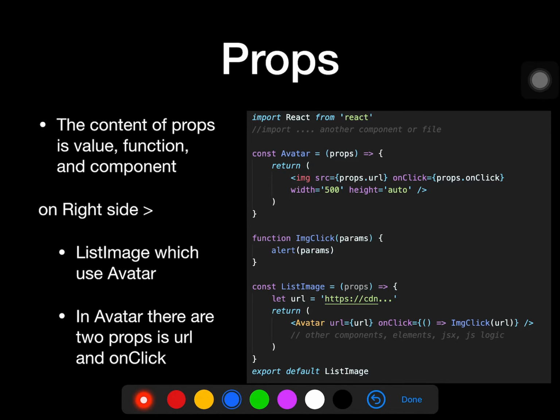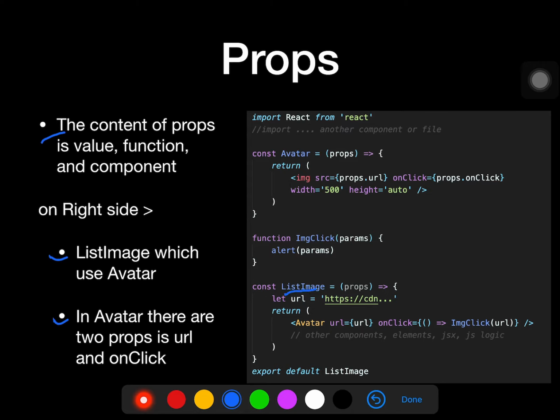Props are properties that we can pass from one component to another component. The content of props is a value, function, or component. On the right side, I have two nodes here. This image here uses the avatar component.